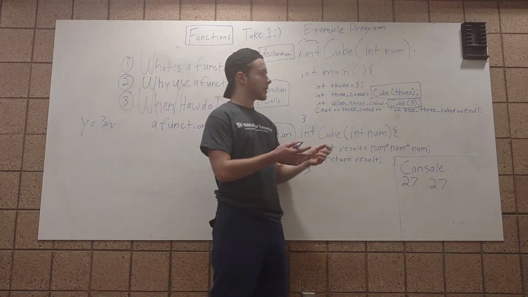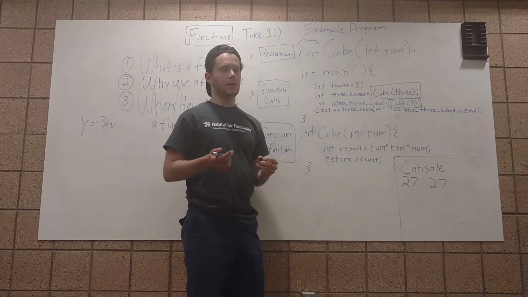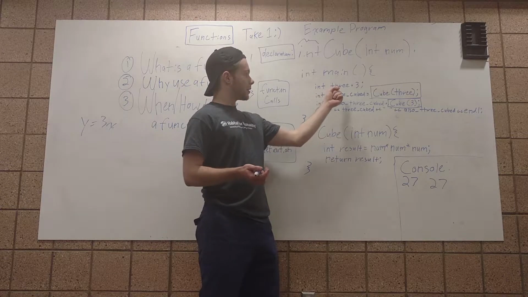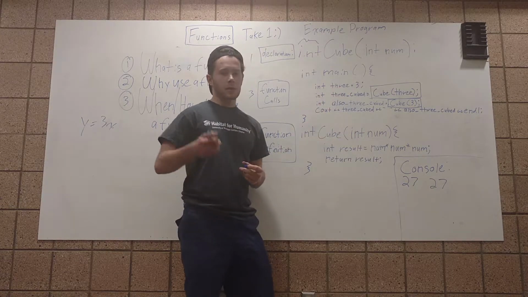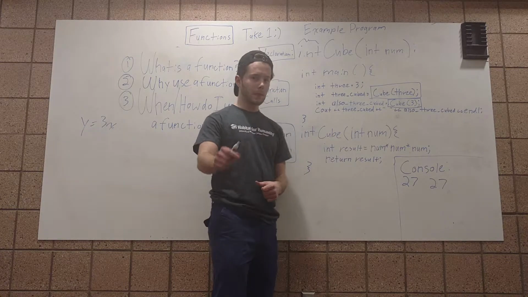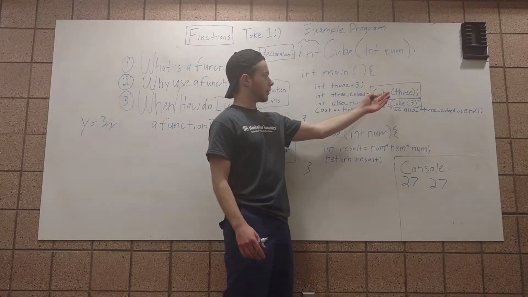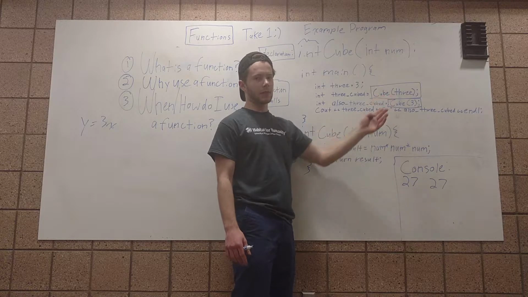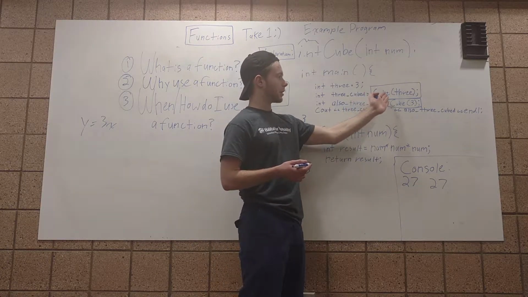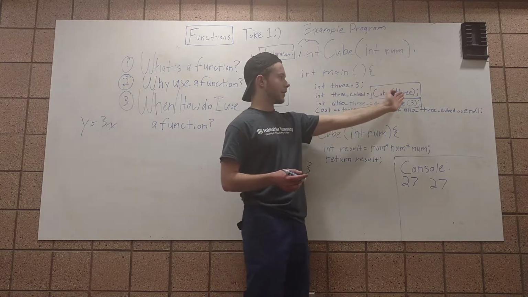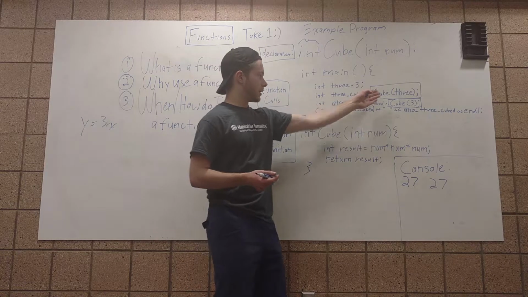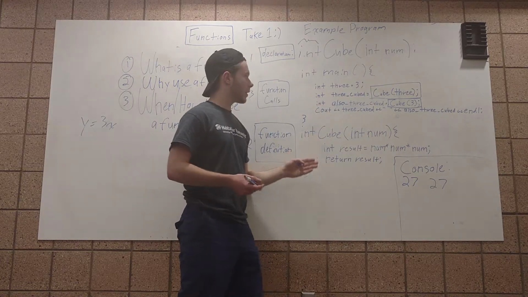Now, a function call is similar to a variable's name being used, in that when I use the variable name, the program knows that I want to use its value. But for functions, when you call a function and use the function name, the compiler knows that I want to go to the function cube and use this input parameter. So it's kind of like jumping down here in code.